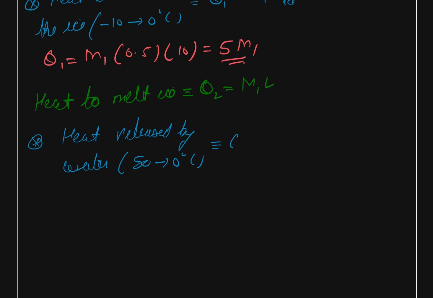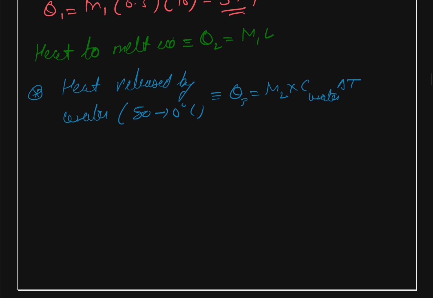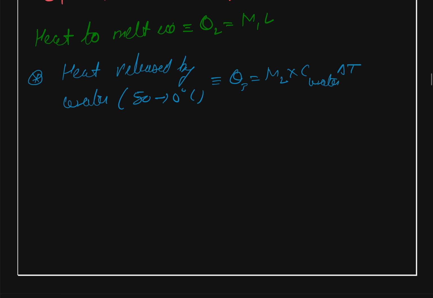Let us call this as Q3, which will be equal to mass and its specific heat of water and change in temperature. So we can say our Q3 will be equal to our M2 times 1, and this comes as 50. So we can say this equal to 50 times M2.